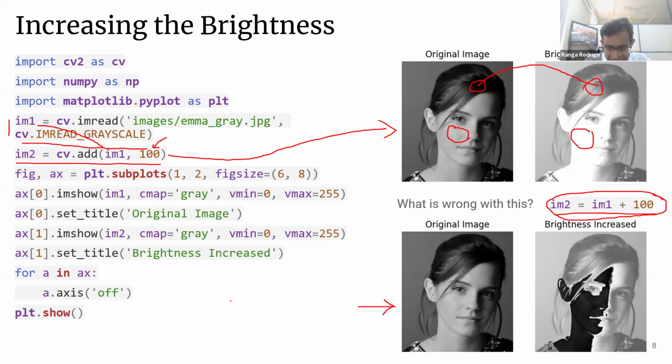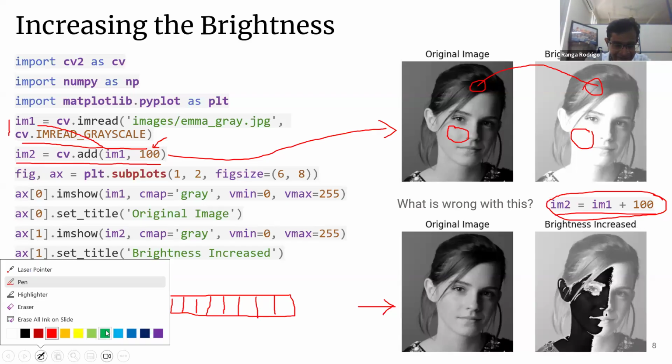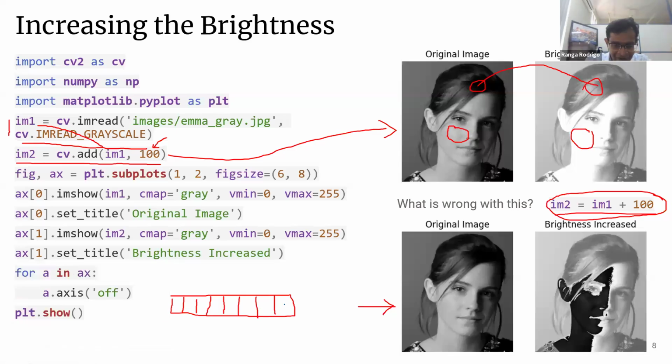So what happens is this. If you take this uint8 number representation, you have 8 bits, right? The maximum number this can represent is all ones, because these are binary, right?